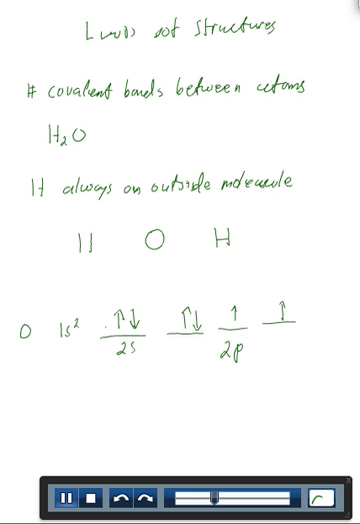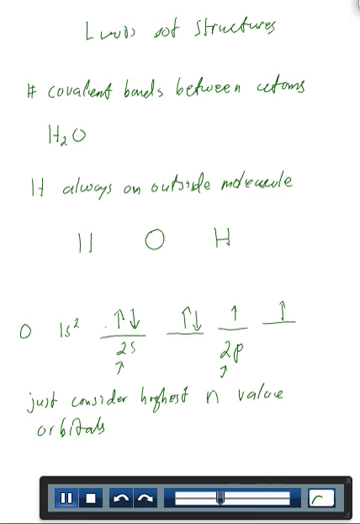and 2 unpaired electrons. So we only consider the highest n value orbitals. The highest n value is 2, so we just consider the 2s and 2p orbitals.